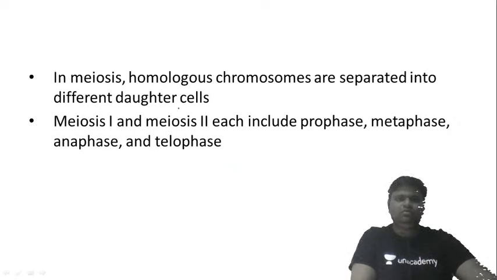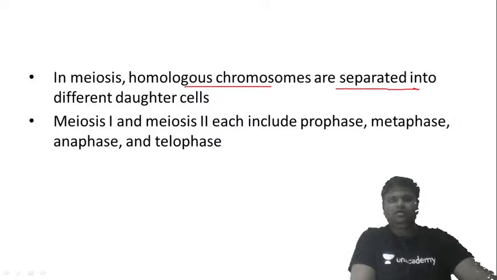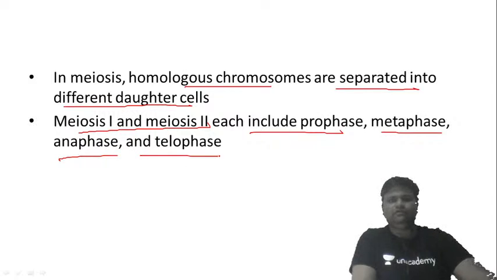So in meiosis, homologous chromosomes are separated into different daughter cells. Meiosis 1 and meiosis 2 each include prophase, metaphase, anaphase, and telophase.